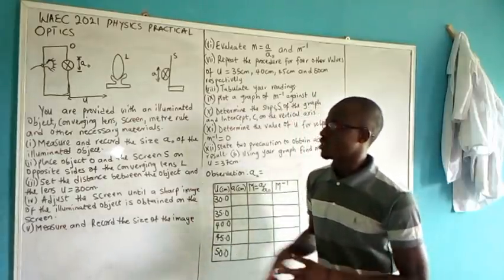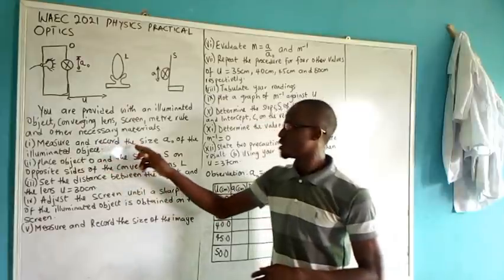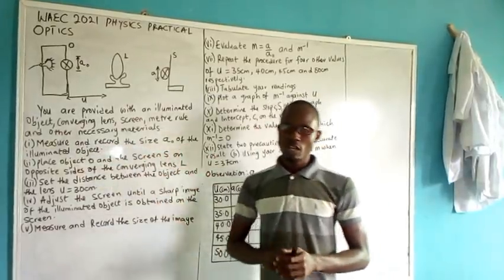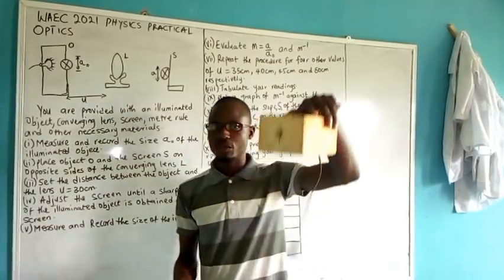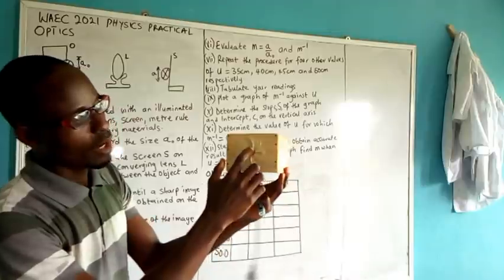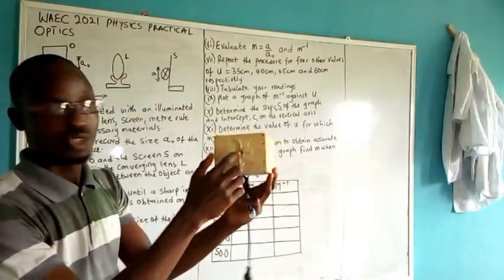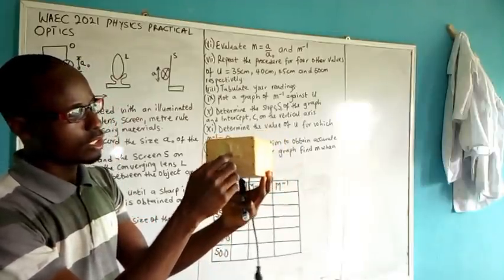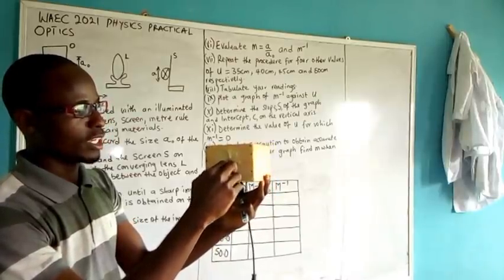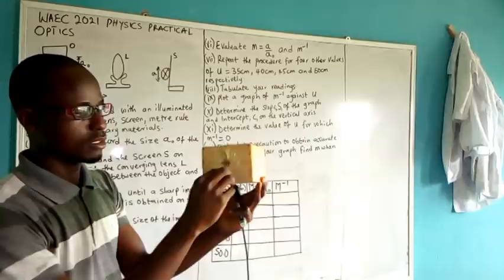So let's move on. It says measure and record the size A naught of the illuminated object. However, if you look at this ray box very well, you will see that there is a wire cross on the face. This wire happens to be the object we are meant to find the image of on the screen.